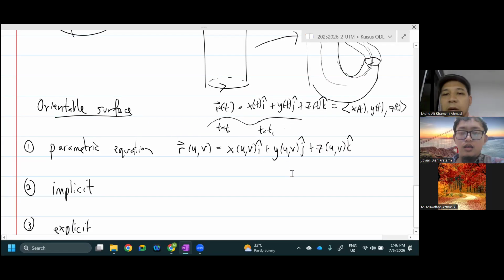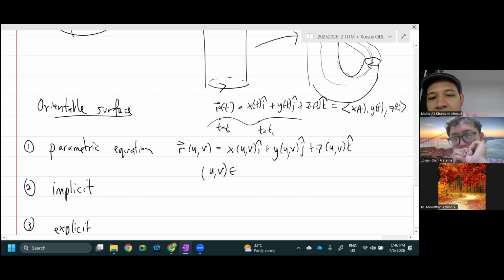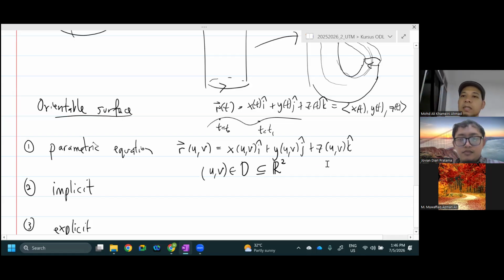Okay. And now you need three coordinates, three directions, because the surface usually lies in three dimensions. And then this parameter (u,v) is taken from some domain D, which is a subset of R2 here. So R2 is the real Cartesian plane. Right, so that's how you represent a surface using parametric equation here.